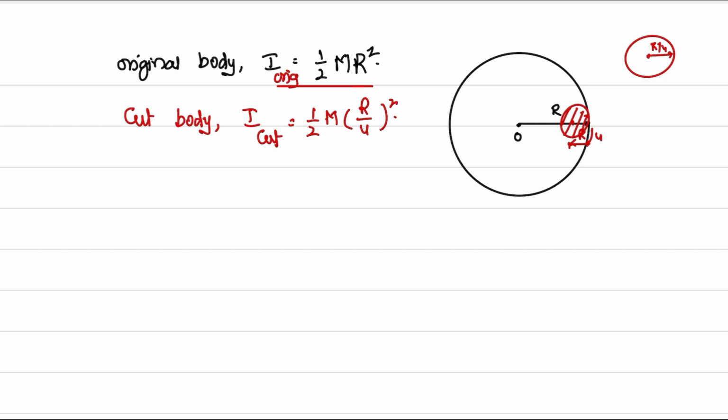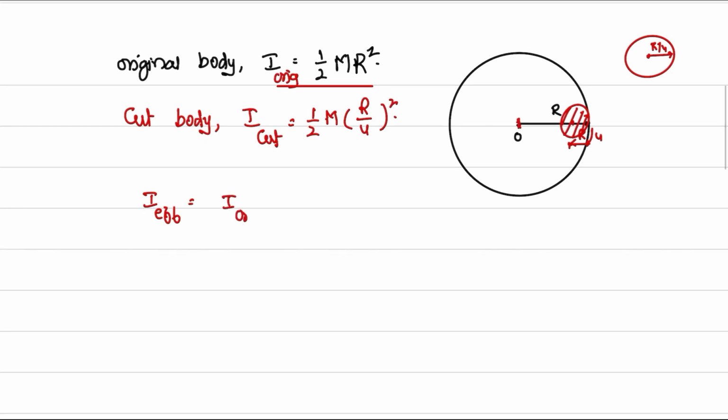But when we calculate the effective moment of inertia, we have to calculate with respect to O. We have to use the parallel axis theorem for the cut body.